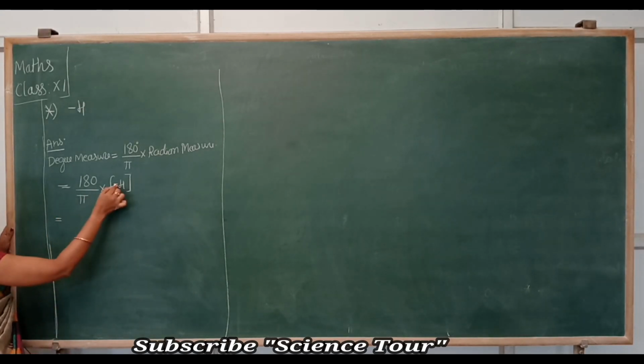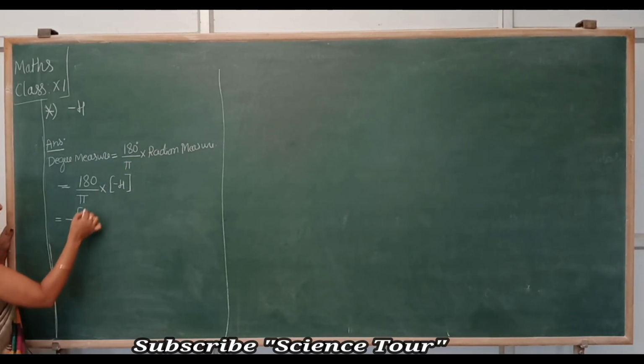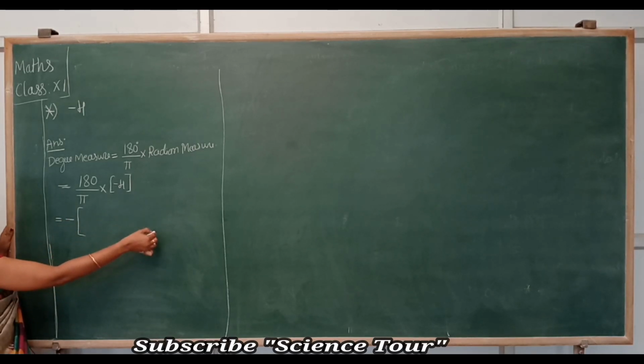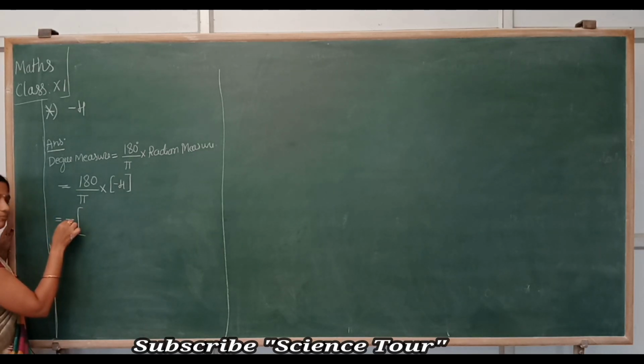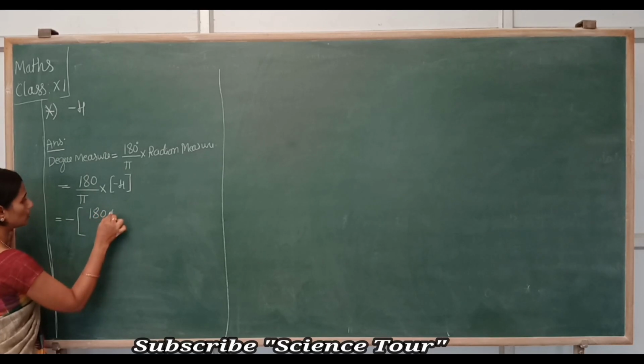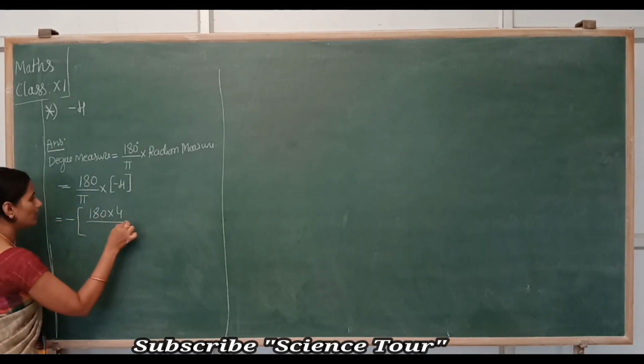So I'll keep the minus separate. So plus into minus is minus. Whatever simplification is within this bracket, I kept the minus outside, since no further simplification applies to it. That's why I'll keep this minus outside. So now 180 into 4, I took the minus and kept it separate, divided by pi.